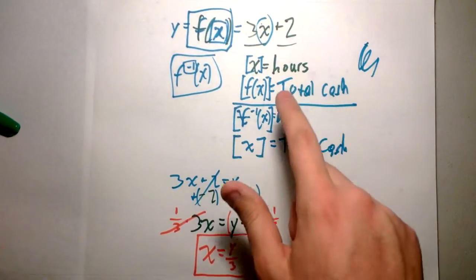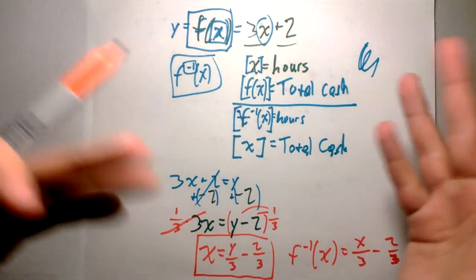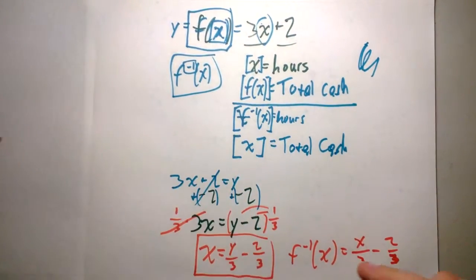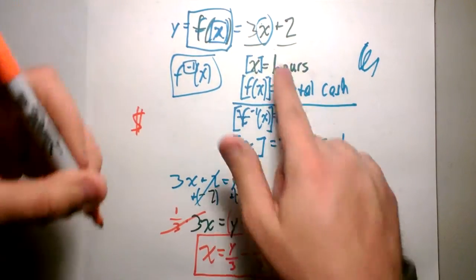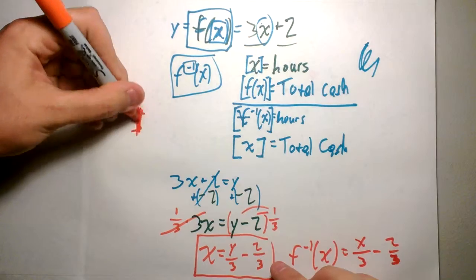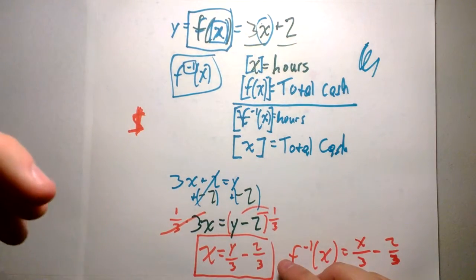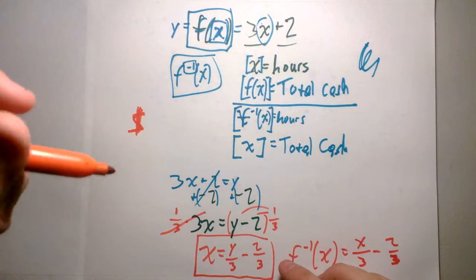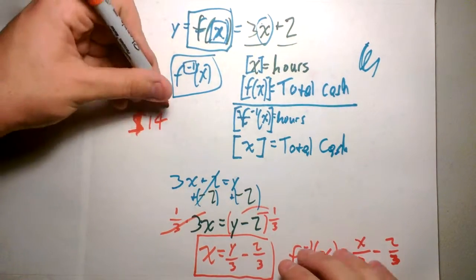All right, so let's say, give me a second. What if I had, I don't know, after some number of hours, we don't know the hours, but we know the function to calculate hours. Let's say, and we're saying all this is in dollars, I have, how about $14?